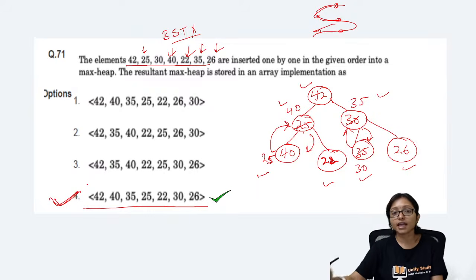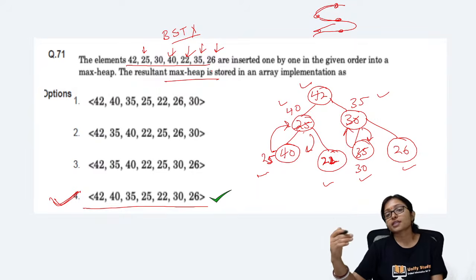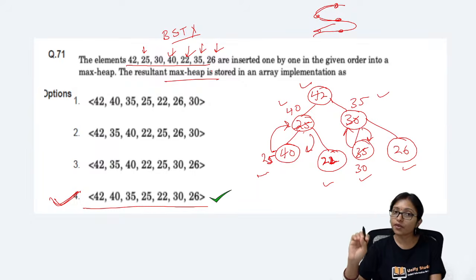Always at the time of doing max heap or min heap, remember that whenever you are inserting, at the time of insertion you need to check whether it is satisfying the max heap or min heap property. If it is satisfying, then it is okay.